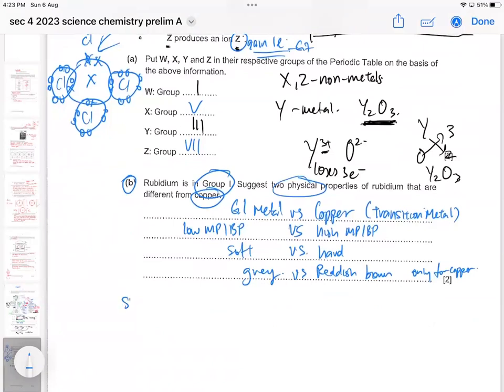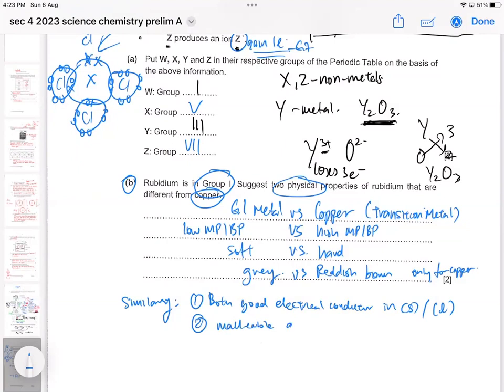Now what about similarities? What's the same between both of them? Number 1, they are both good electrical conductors, in either the solid state or liquid state.